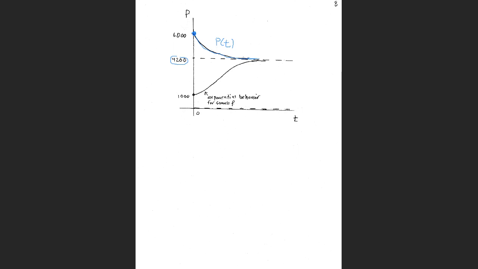So this is what a typical solution to the differential equation would look like if we had an initial population of 6,000. It's what's called an initial value problem. Are there any questions on that?